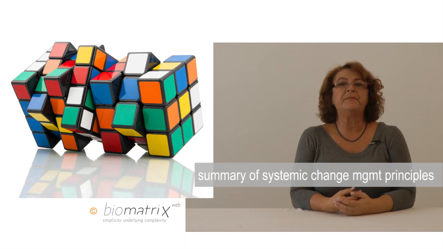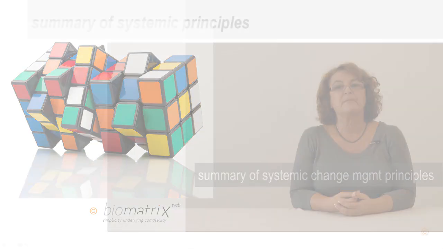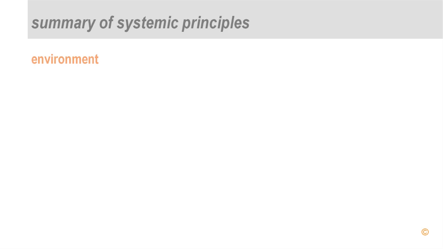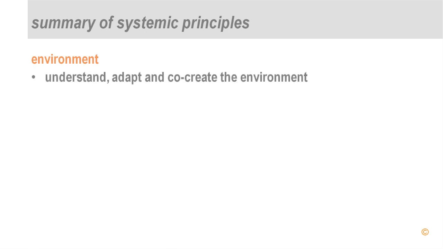In summary, the principles of systemic organizational development are the following. In the case of the environment, we must ensure that the system understands the environment, adapts to it, and can also co-create it together with its stakeholders.